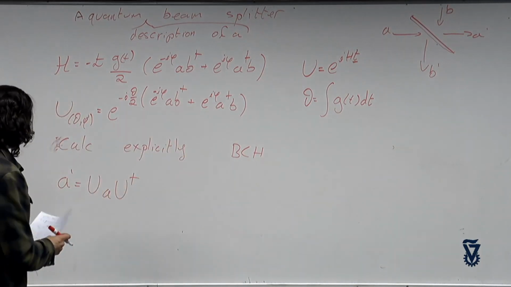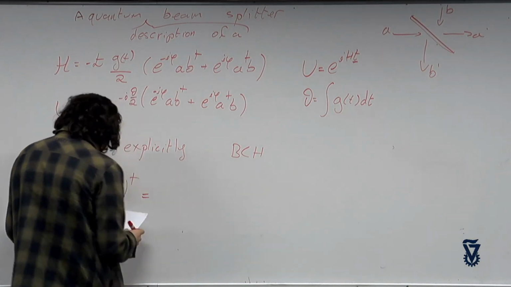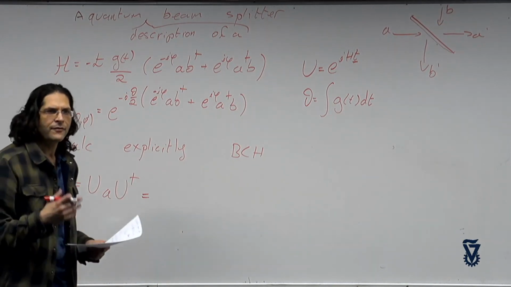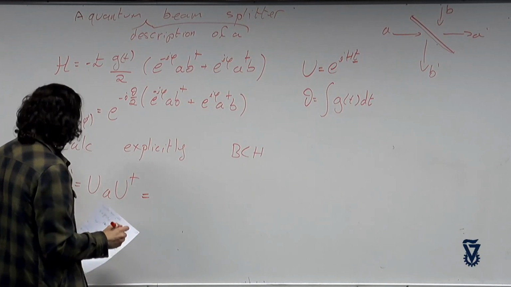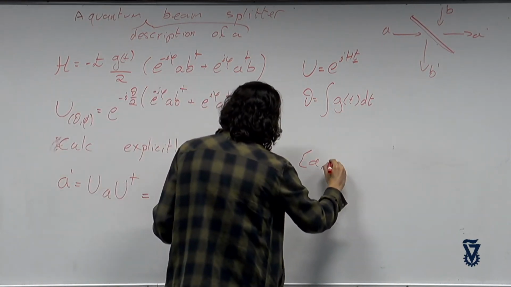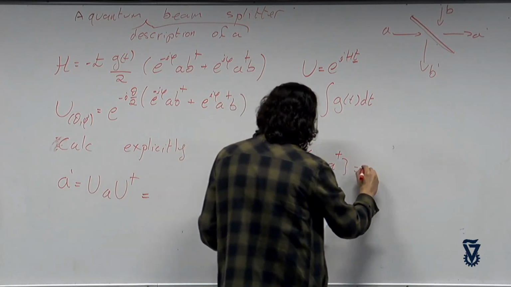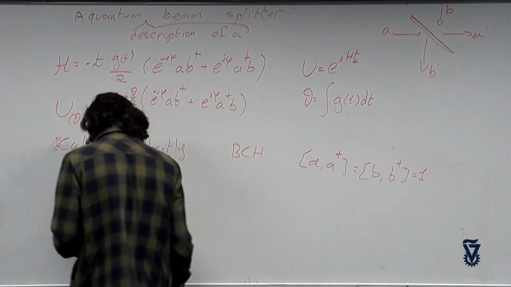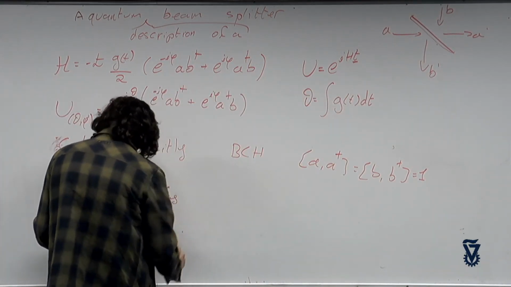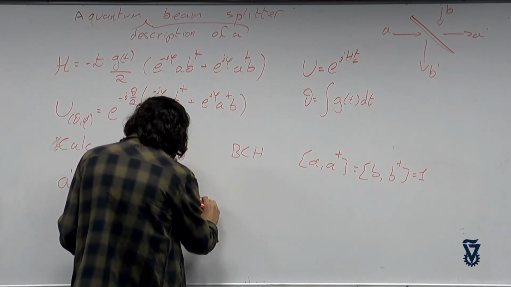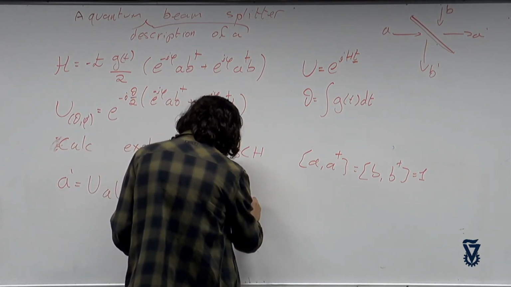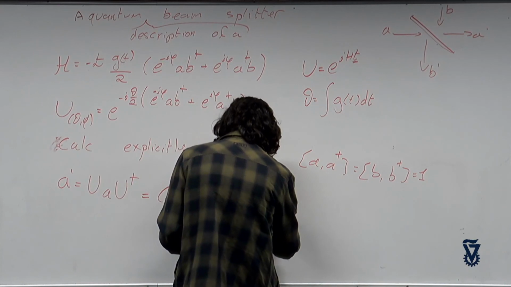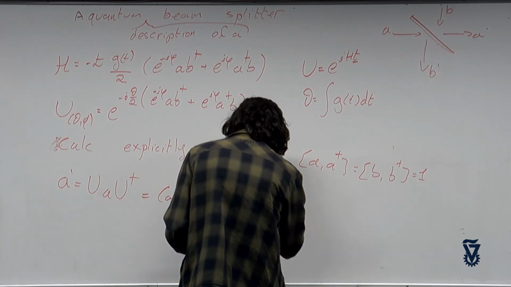If you do the math, calculating several commutators, remembering that A, A dagger equals 1, you get cosine theta over 2 A plus i e to the i phi sine theta over 2 B.